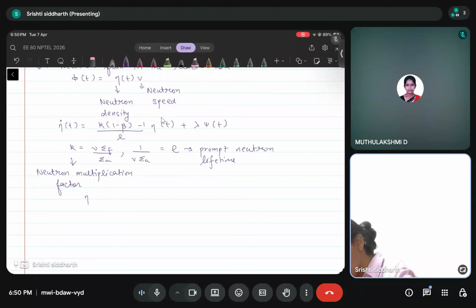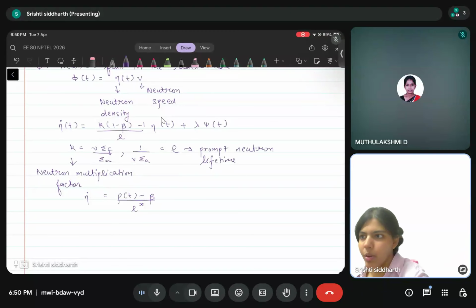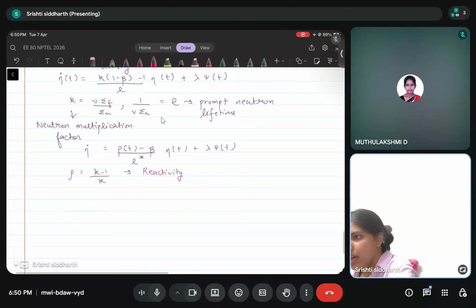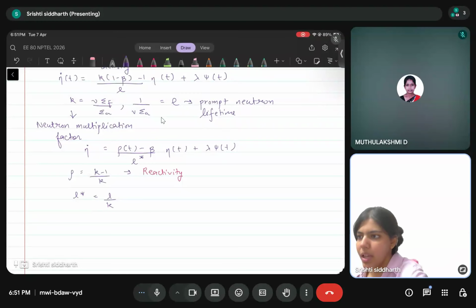Eta dot can also be written as rho of t minus beta over L star, times eta of t plus lambda psi of t. These are the variables we're going to use. Rho is k minus 1 by k, and this is known as reactivity, and L star is simply L over k, the neutron generation time.